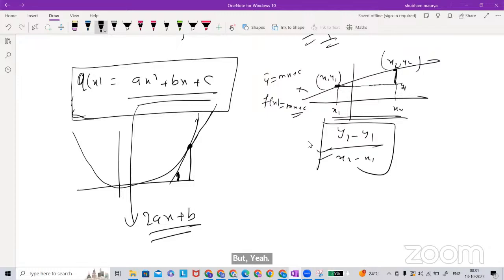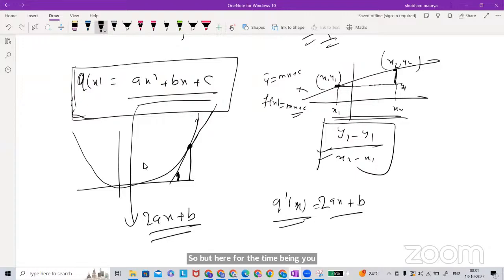If you differentiate this function, that is called the derivative, you take the y value and the x differences, the rate of change of the function: 2ax plus b. For the time being, you can assume that the slope of a quadratic can be calculated by this formula.